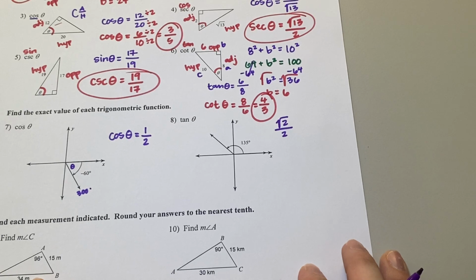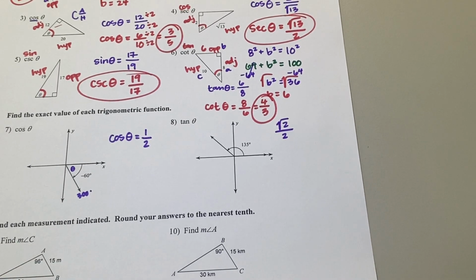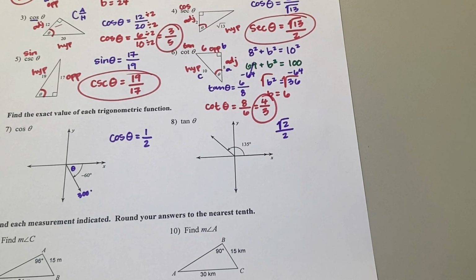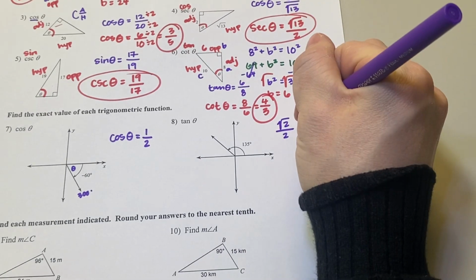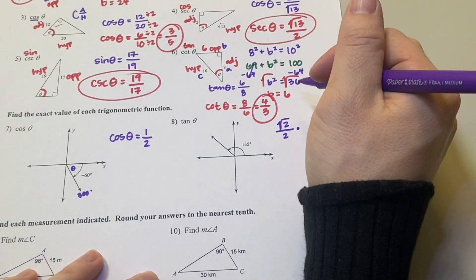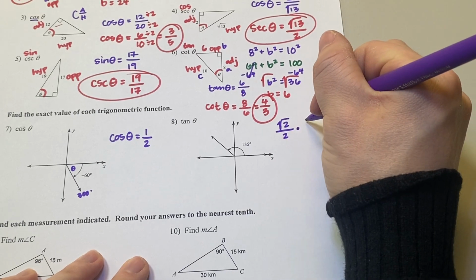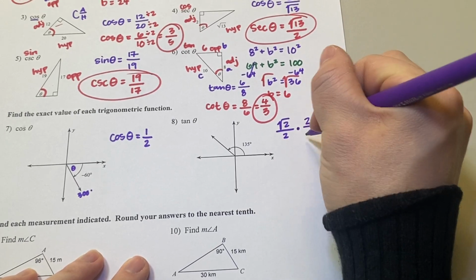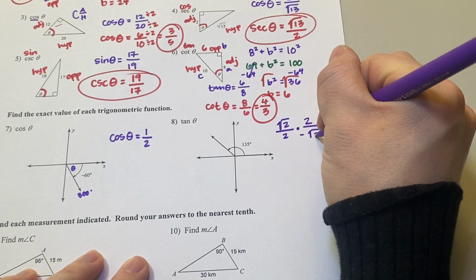It's actually going to be so much nicer than you think it is. Promise you. When we divide by a fraction, if you remember way back in elementary school, we are multiplying by its reciprocal. So square root of 2 over 2 divided by, which really means times its reciprocal, 2 over negative root 2.